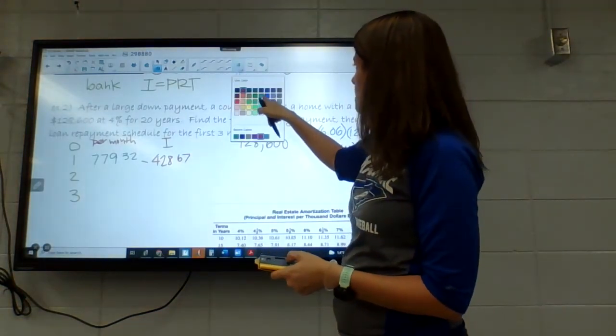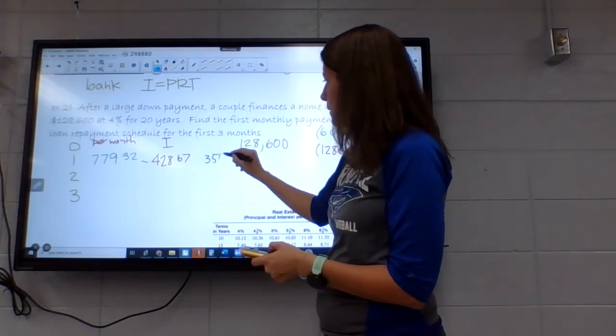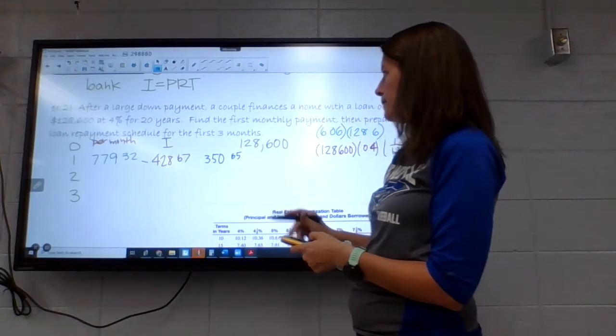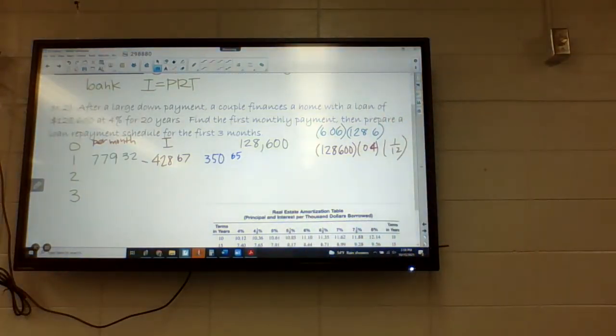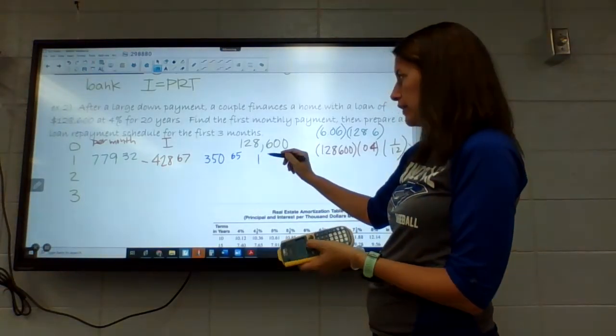So that's $350.65. That's how much actually comes off my loan. So I'm going to take that off my loan. So my loan only went down like $350.